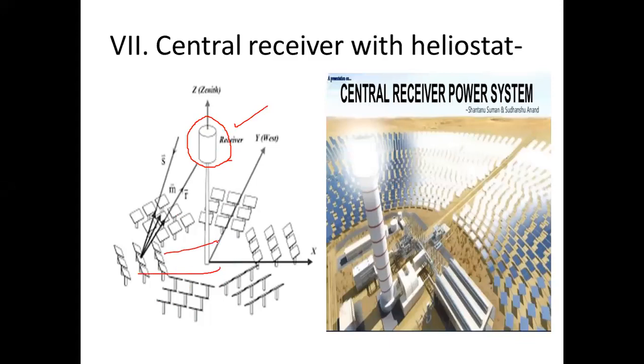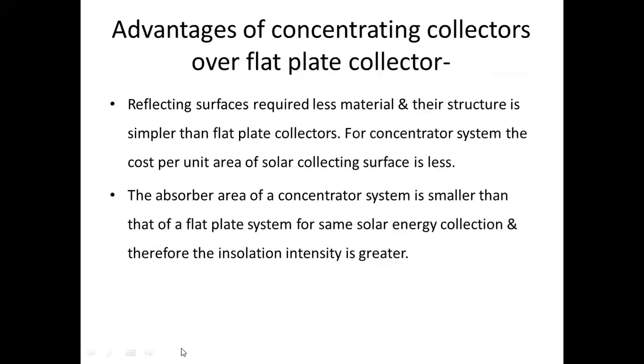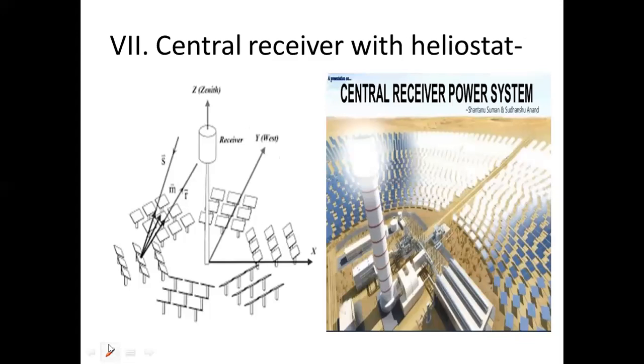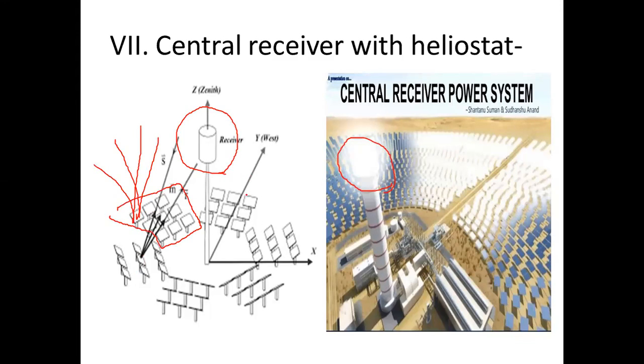A structure like this inside. This is the receiver. And this receiver area is also required less in case of the concentrating type. And absorber area means whatever solar radiation we are getting from the sun, that area is also less in case of the concentrating type collector.